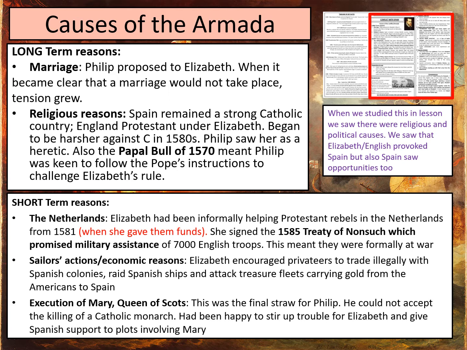So linked to the last one is religious reasons. One of the reasons that Philip had wanted to marry Elizabeth was so that he could influence her religion and her religious settlement. But Spain remained a strong Catholic country and England was Protestant under Elizabeth after those years of restoration of Catholicism under Mary.